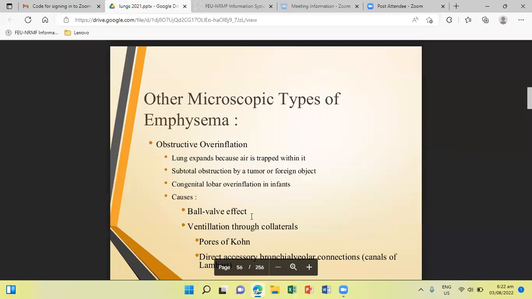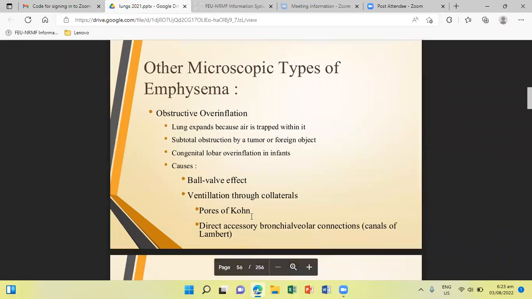What do you mean by ball valve effect? In here, the air enters on inspiration, but it cannot leave on expiration. So obstructive overinflation, in this condition, the lung expands because air is trapped within it.